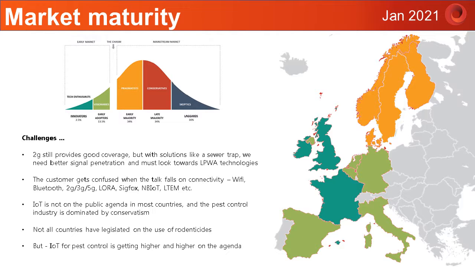So public awareness makes it easier for companies like us to sell our products, as the customers in these regions are not, I would say, scared to pick up new tech solutions, because they've seen or heard about it on a regular basis in the news. This is also why we believe our sales numbers in the Scandinavian region have been so good, because there we believe we have hit what in this figure is called the pragmatist part of the adoption curve.